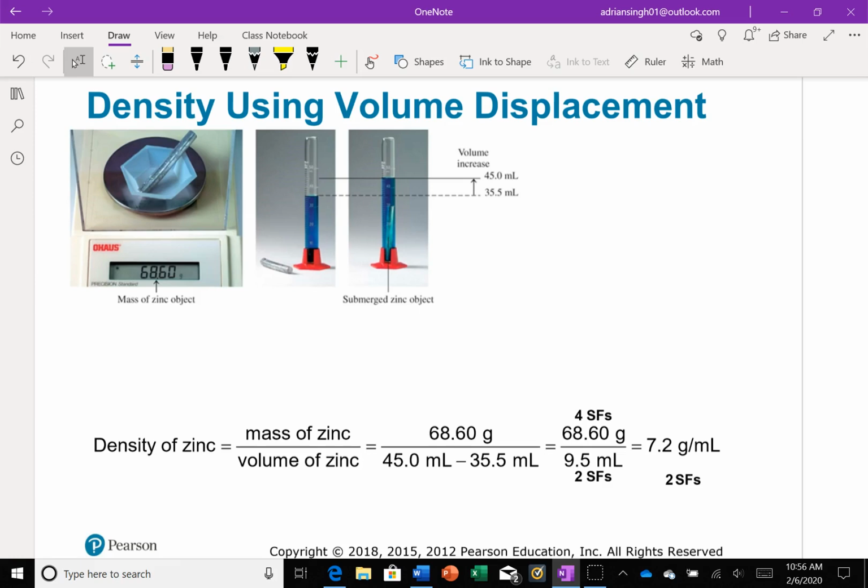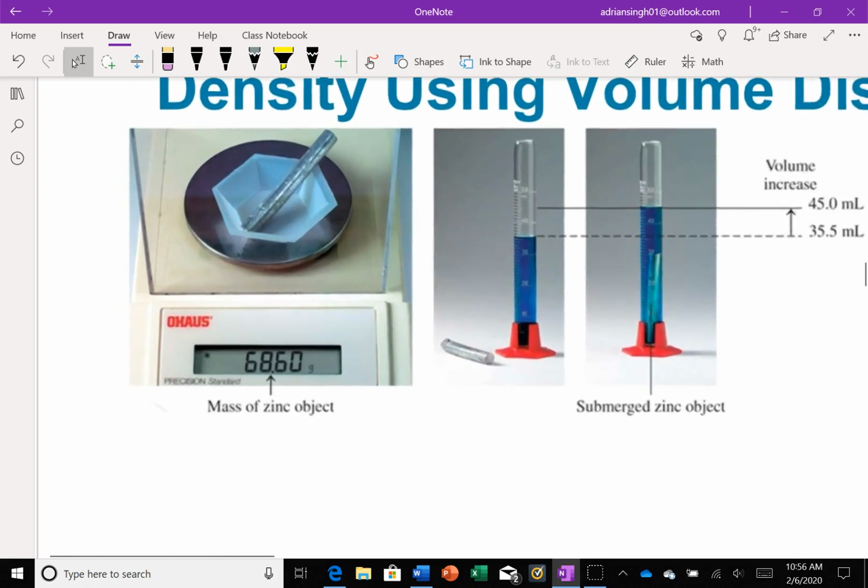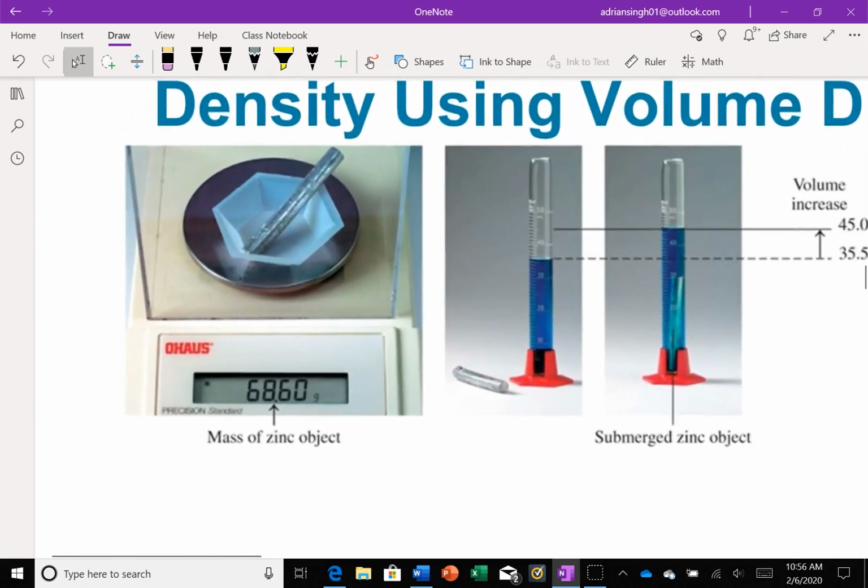So for instance, this is something that you did in the lab, and if you didn't, I'm going to walk you through what this is, because you're going to collect some data. I'm going to give you some data for the lab, and you'll actually be able to do the lab on your own, those of you that didn't have lab this week. So we have here on the left side a metal cylinder, and we can actually measure the mass of that metal cylinder using a balance.